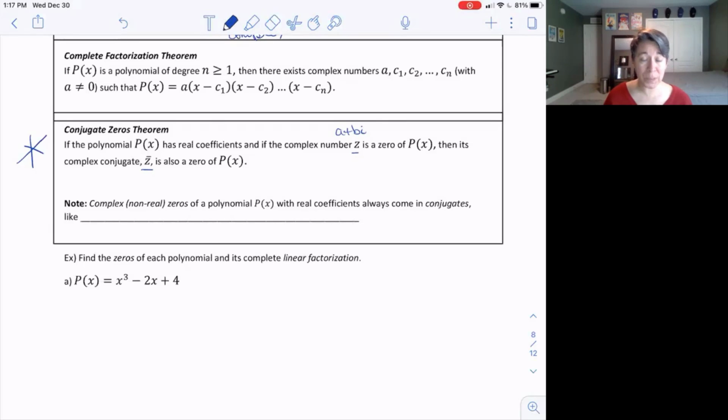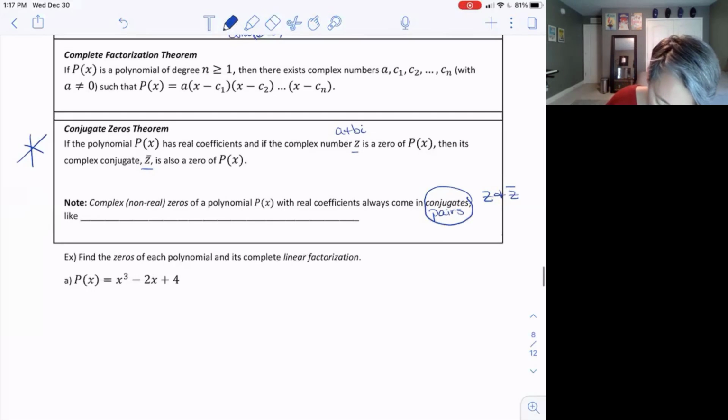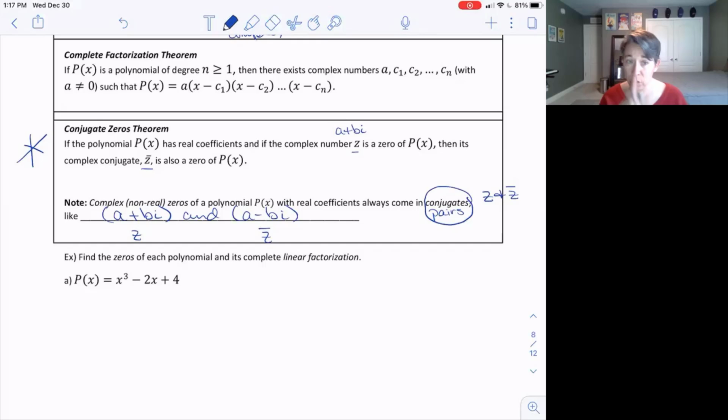In other words, complex or non-real zeros always come in conjugate pairs, z and z bar. Like if we have a plus bi, then we know a minus bi is also going to be 0. So if they tell you one 0 is imaginary, then we know immediately its conjugate is also a 0.